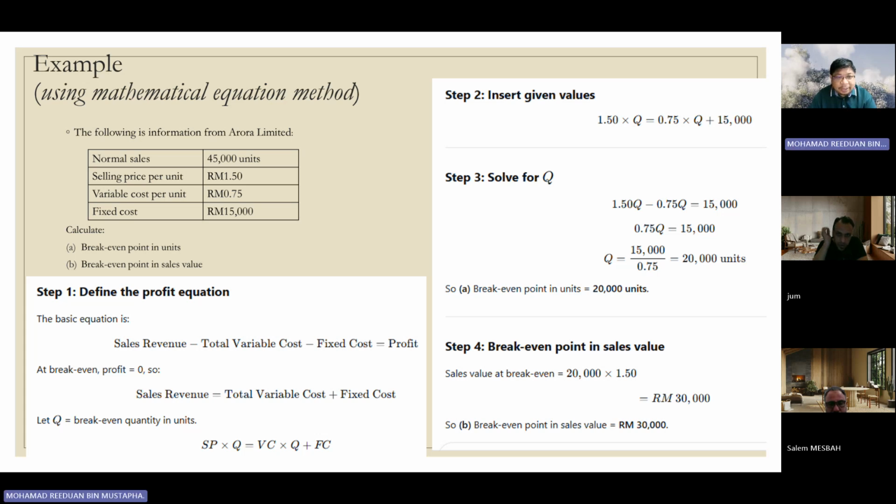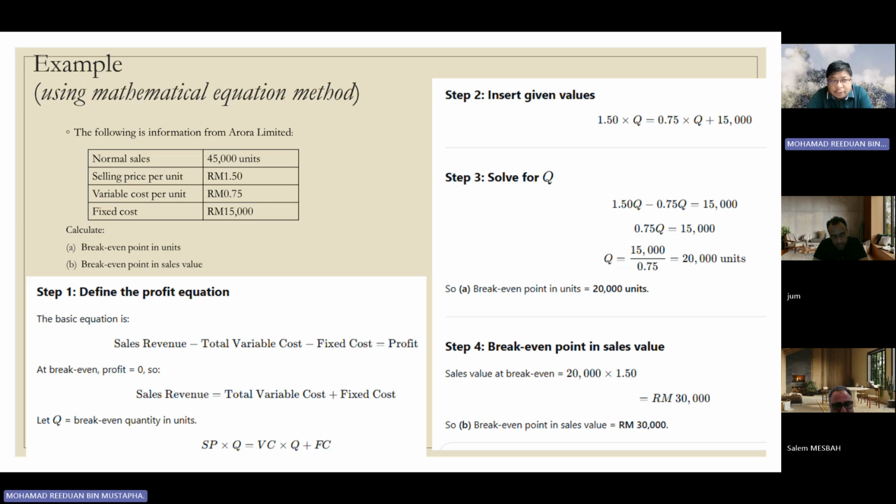I think this should not be an issue for you to understand, because you already have the 20,000 units. So this is how it works. Have you understood the mathematical equation method?